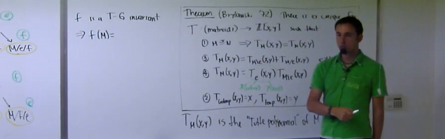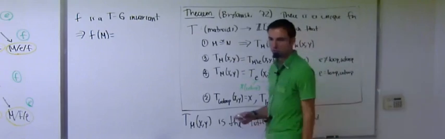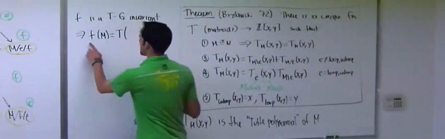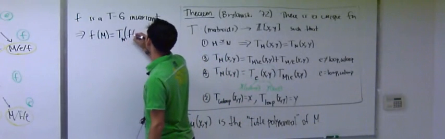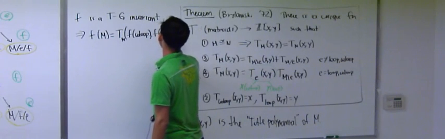You have to know what f of a loop is, and you just plug in these two values into the top polynomial. So f of any matroid is the top polynomial of f of the co-loop, comma, f of the loop.